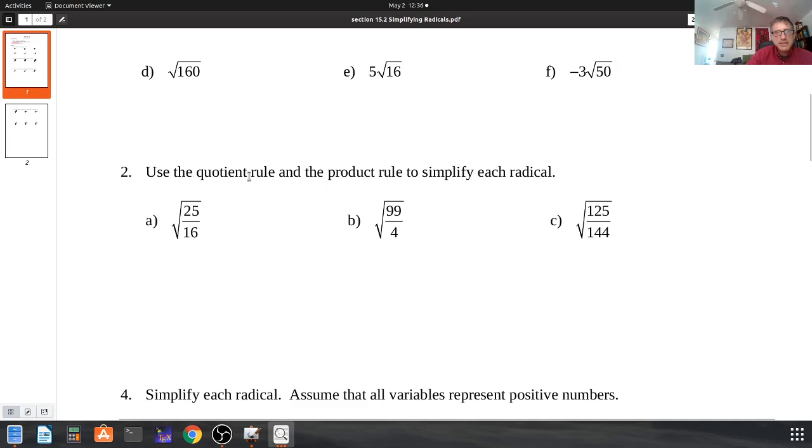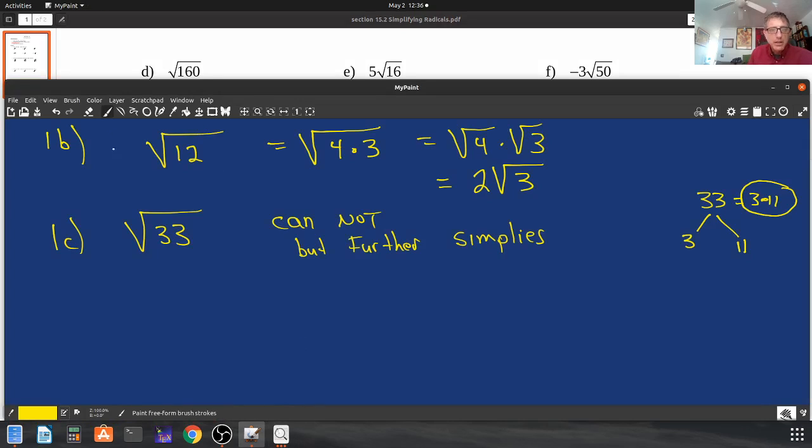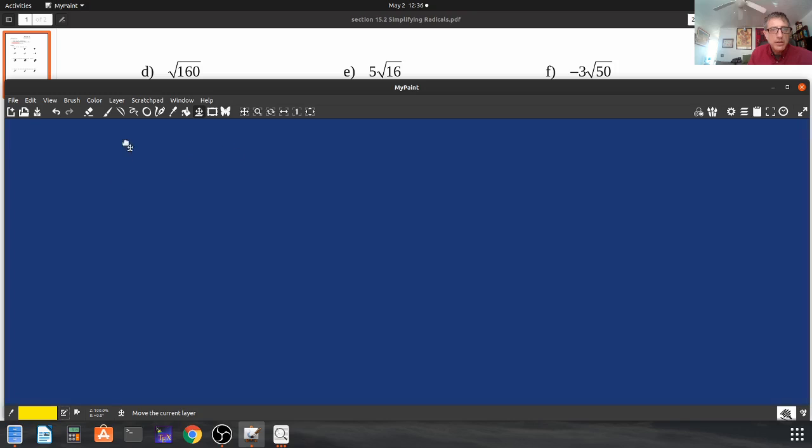Oh, well, 160. Let's do 160. I'm going to bet it's not as bad as you're thinking. So the square root of 160 is the same as the square root of 16 times 10. So I recognize that 16 is a perfect square.